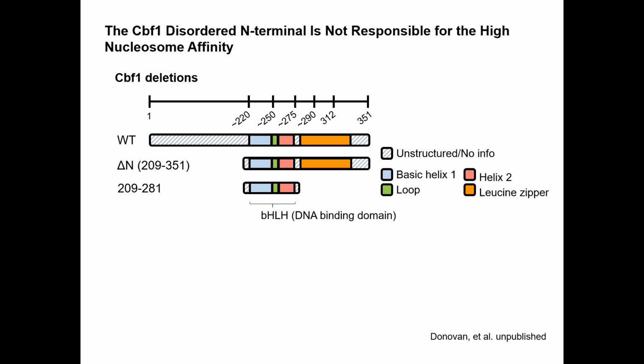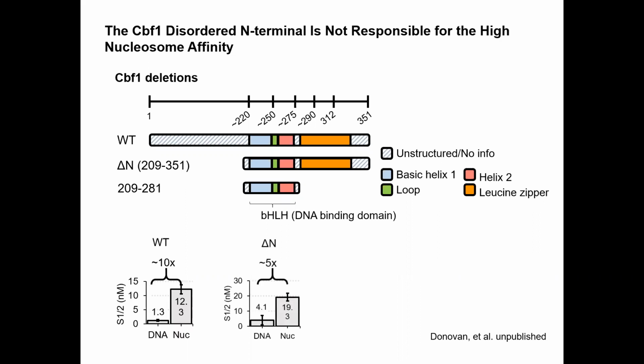What we hoped is that we could delete part of this protein to specifically reduce its affinity to nucleosome, but not to DNA. So we could find a part that is specifically responsible for the slow dissociation. But when we delete this N-terminal domain, you can see the affinity to DNA or to nucleosome did not change much.